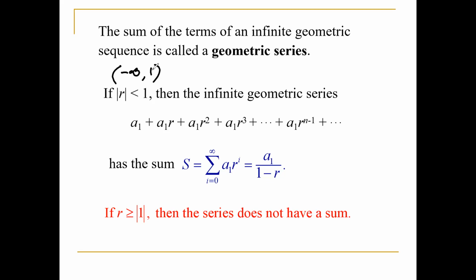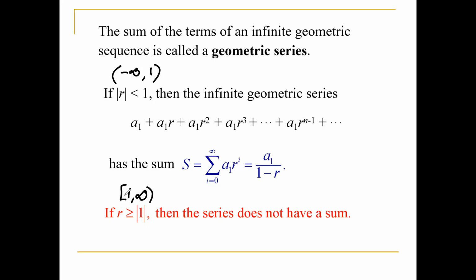Okay, ibig sabihin, hindi kasama yung 1. Ito kasi, merong line sa ilalim. So ibig sabihin, we have bracket 1 to positive infinity. Ibig sabihin kasama si 1. 1 pataas. So we have negative numbers. Lahat ng nasa left ni 1, pero hindi kasama si 1.